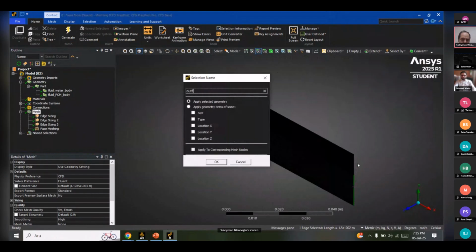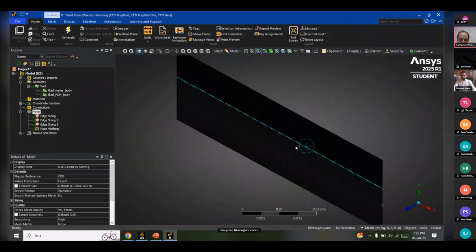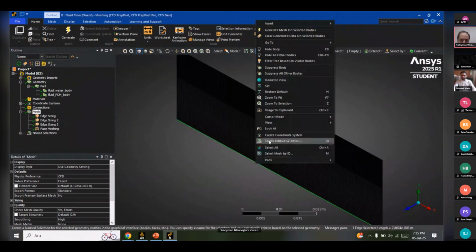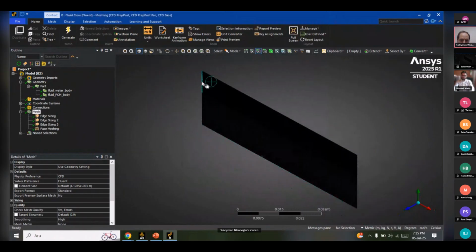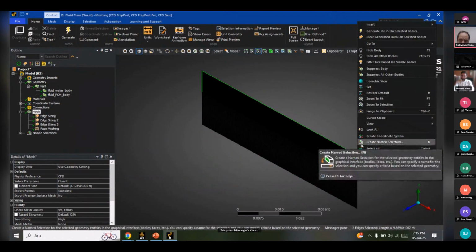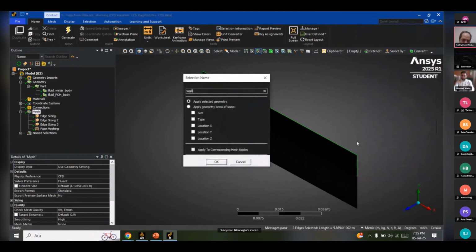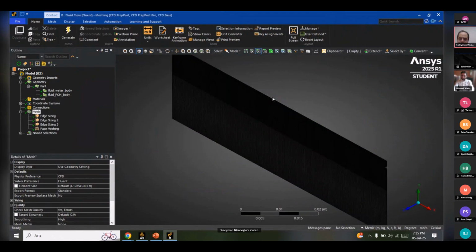We write outflow. Okay. Here, axis. And this part is the convective boundary condition. Convection wall, convection. Okay.